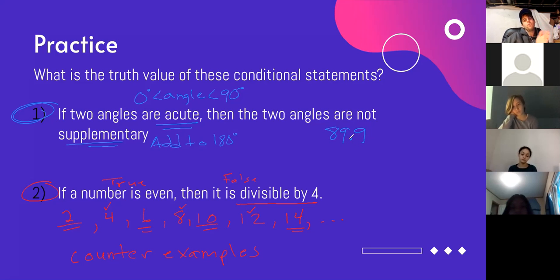We could do like 89.99 or 89.999 or whatever, but that's close. If I add two of those together, I'm still not going to get 180, right? I'm going to get like 179.8 if I added those together. So it's not going to be 180. So it's not supplementary. So if the first part is true, the second part is still true in this case. So that's not a counterexample.